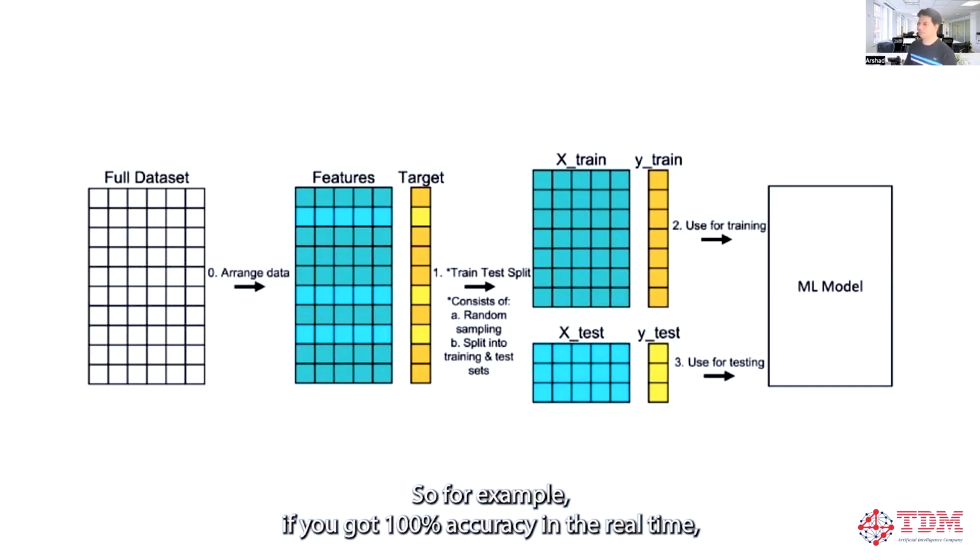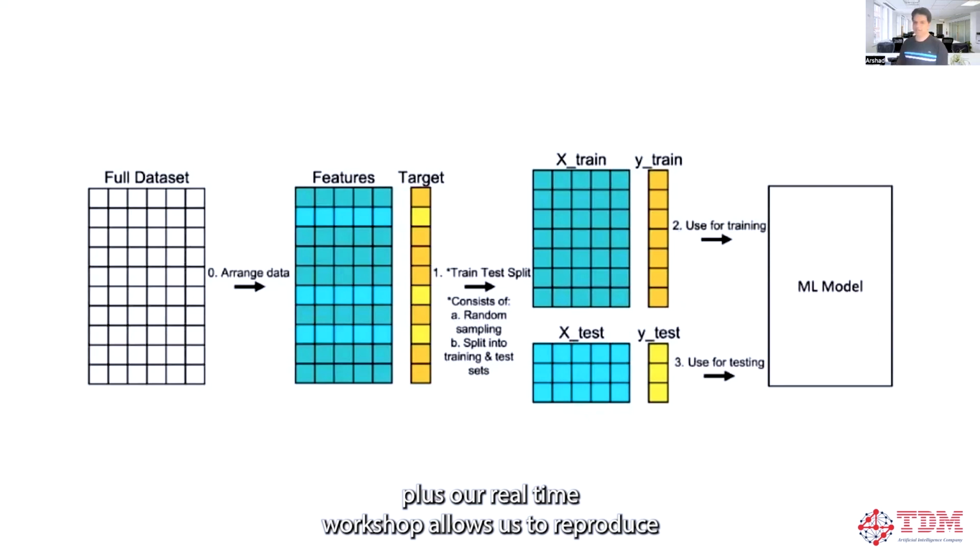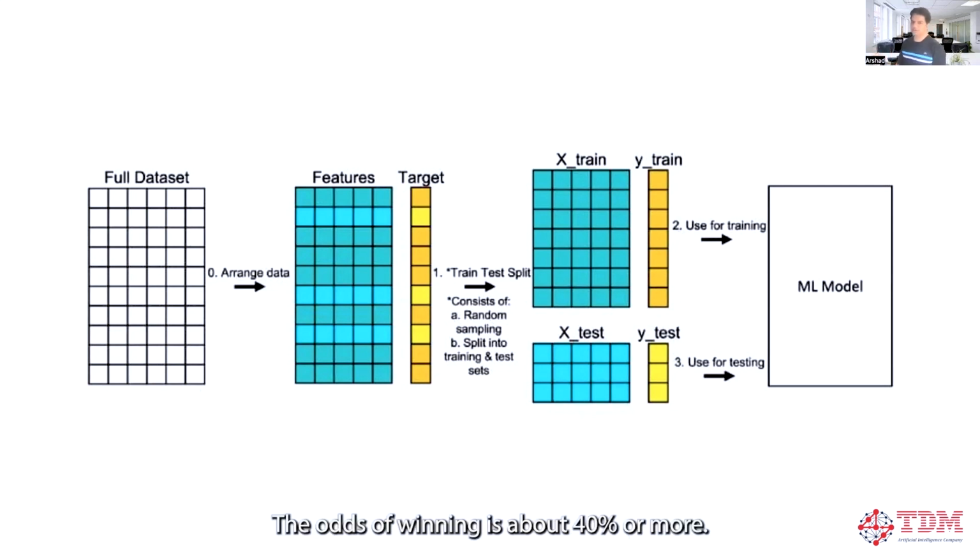For example, if you got 100% accuracy, 100% accuracy is not good, because you overfitted the problem. Your training and test are almost the same. But if you got 95% accuracy, that's more reasonable. So this is how you have to look at it.